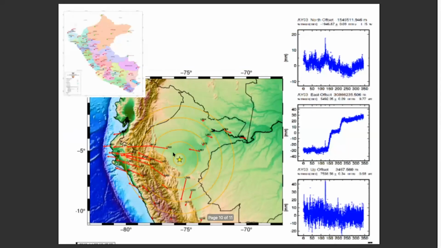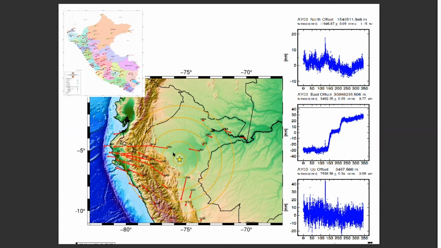I need to put the results of the processing on my map of the country, to see the displacement, and then compare with the displacement of the GPS points.